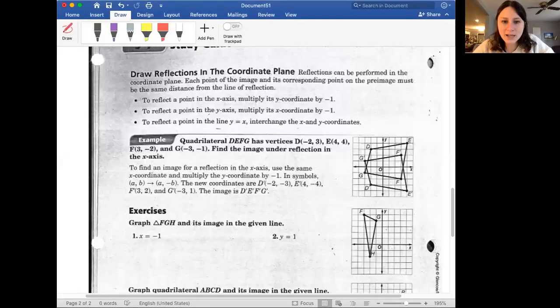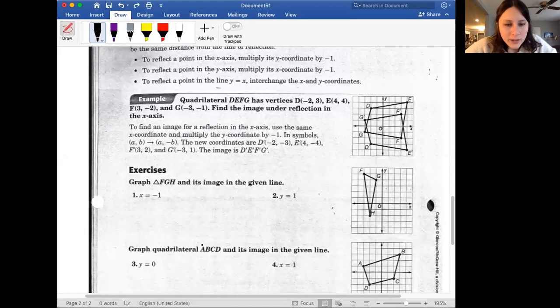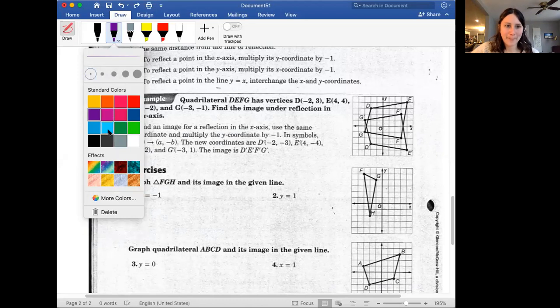On our study guide, they not only give us the image that we're reflecting, but they also give us the line of reflection. So in number 1 here, where it says x equals negative 1, that is the line of reflection. So I'm going to use maybe a red line to show that.